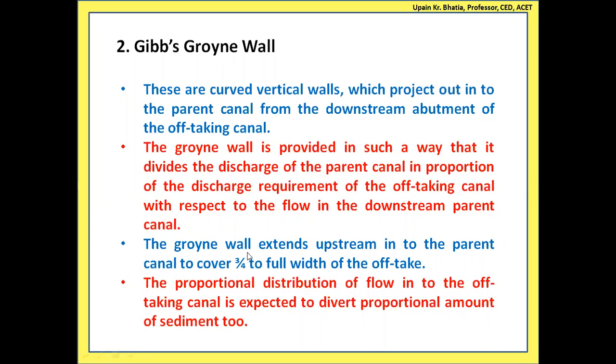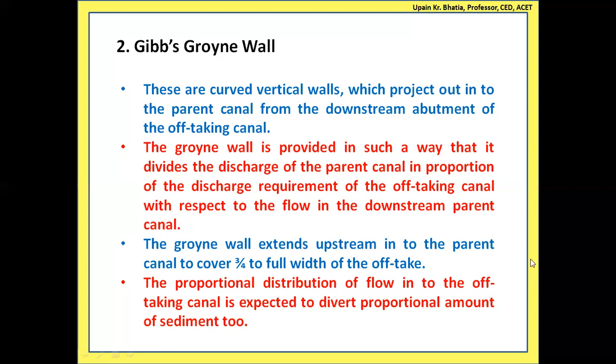Next point is the groin wall extends upstream into the parent canal to cover 3/4 to full width of the offtake. Now, don't get confused with this full width. The groin wall extends upstream into the parent canal.